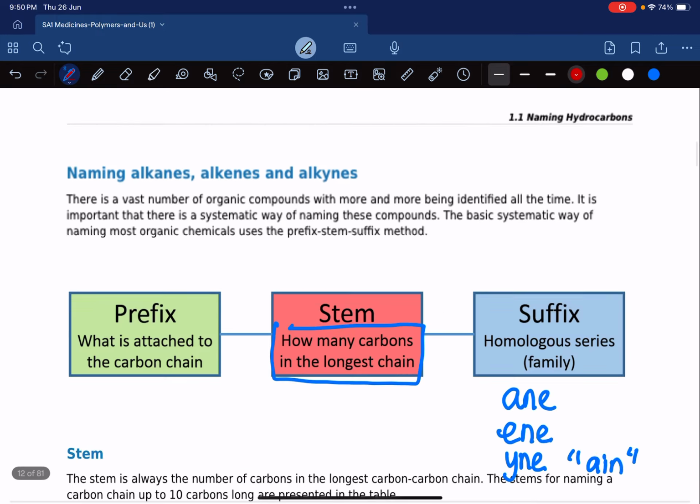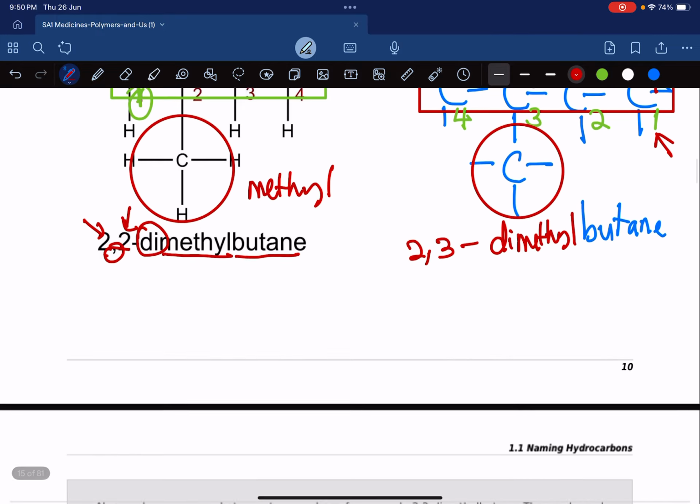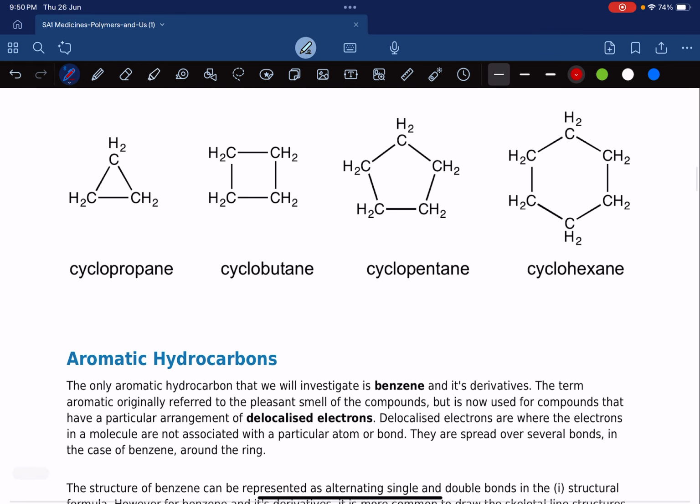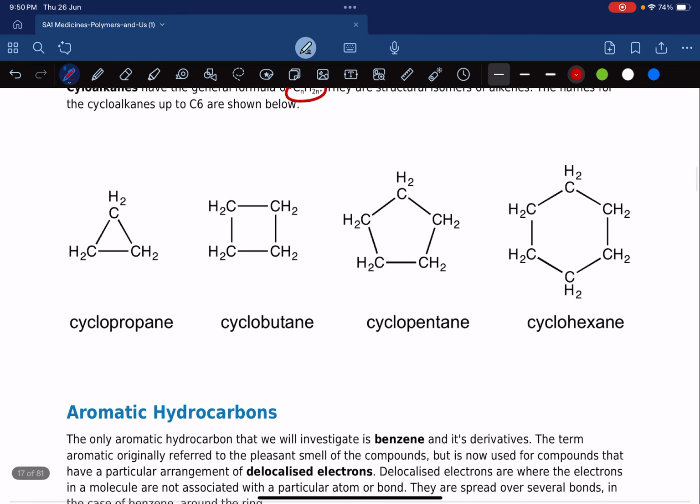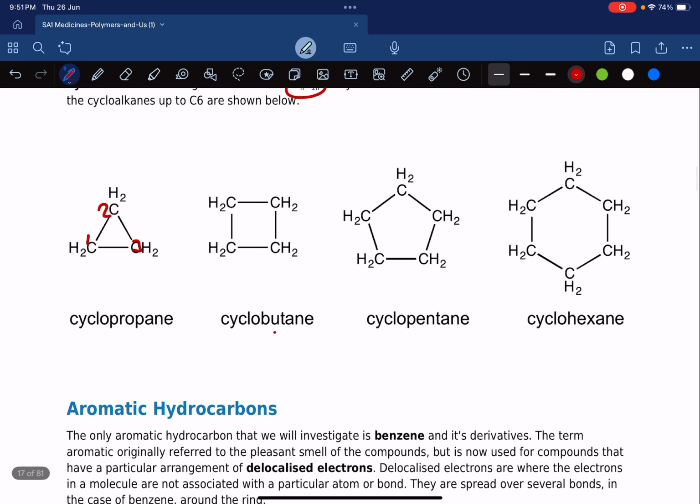Let's come back here. So for cyclos, like this one is called propane because it's made up of 3 carbons, 1, 2, 3, and we just put the word cyclo in front. So if it's 4, we say cyclobutane. If it's 5, cyclopentane. If it's, let's say, 8, we'll call it cyclooctane.